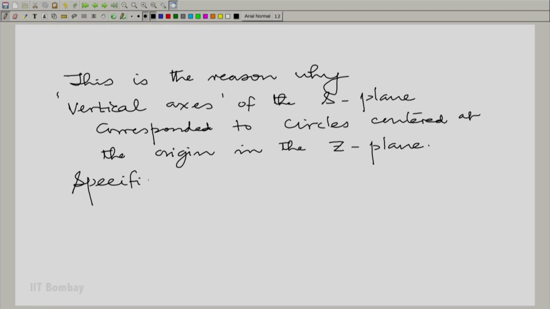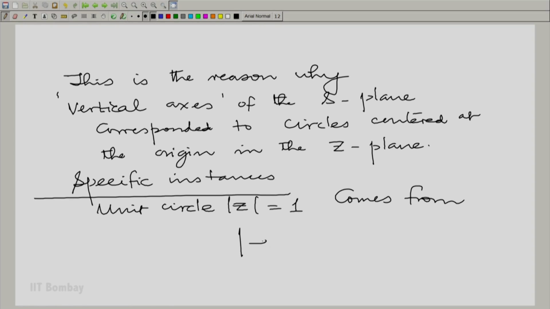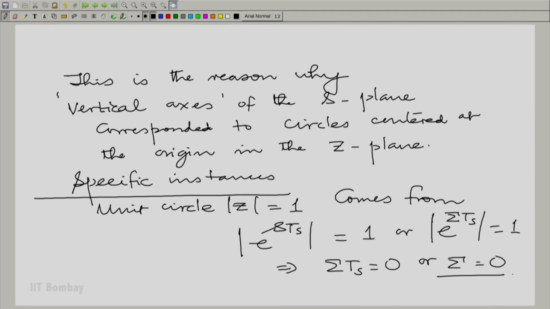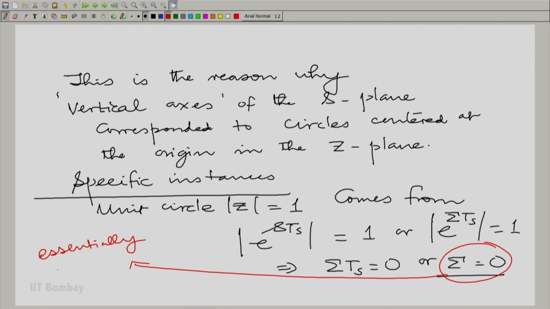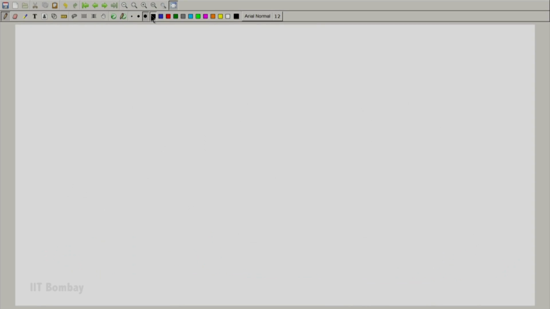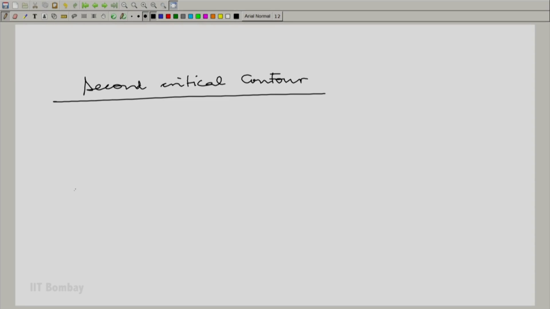Now, let us take specific instances. Let us consider the unit circle. The unit circle comes from sigma equal to 0, and you can see very clearly that sigma equal to 0 is essentially the imaginary axis. Similarly, let us consider the other important contour or critical contour, real part of s tending to plus infinity, or mod z tending to infinity.